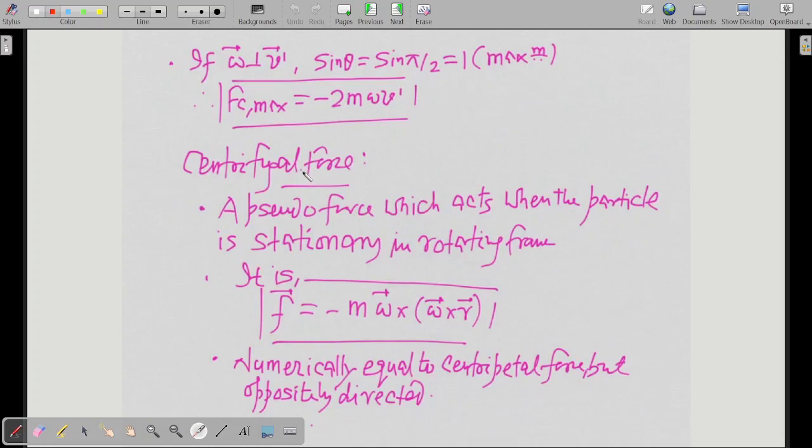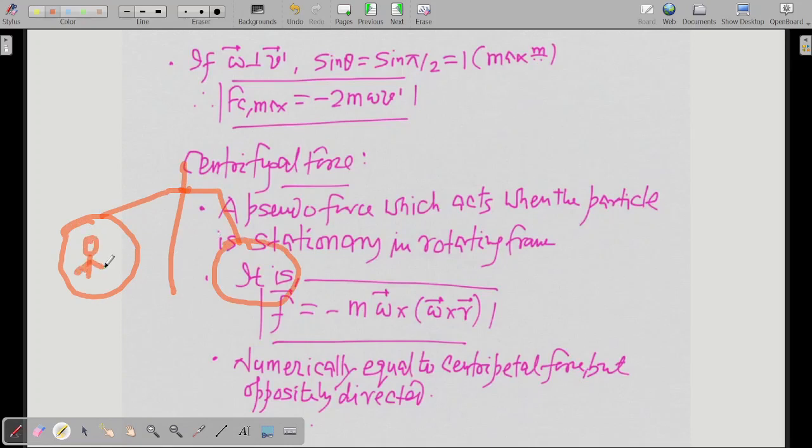Centrifugal force is a pseudo force which acts when the particle is stationary in the rotating frame. Suppose you are sitting in a merry-go-round, and you are sitting inside this. You will experience a pseudo force. Why? Because this is rotating.